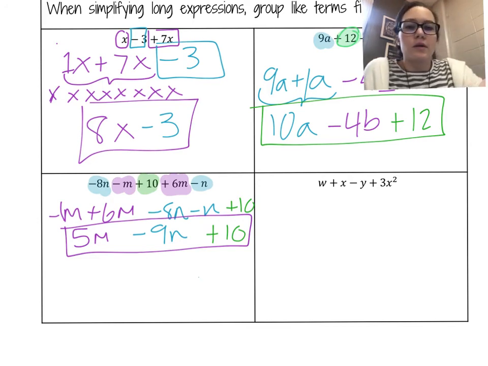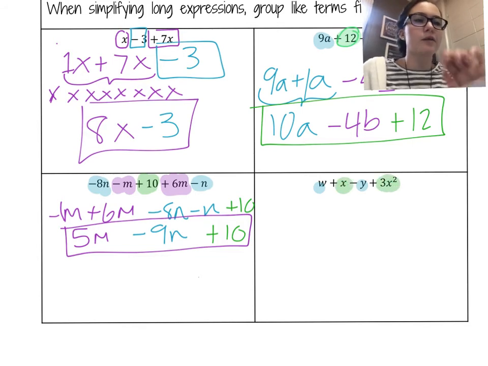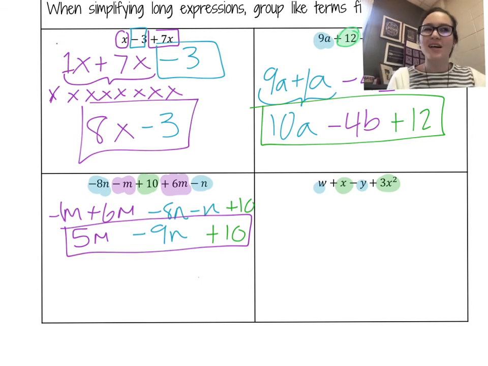Okay, so here I don't see any like terms. So even though x and 3x squared both have x's, the other one has an exponent, so it's not actually the same.